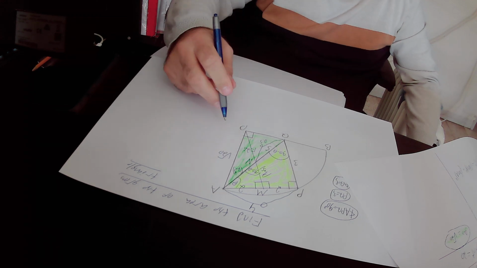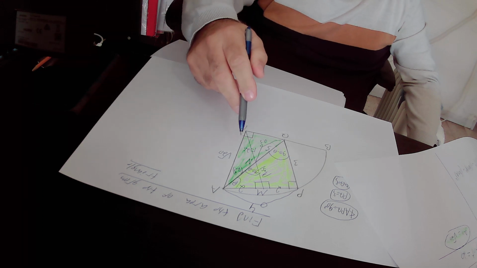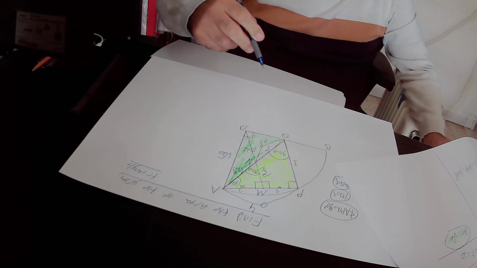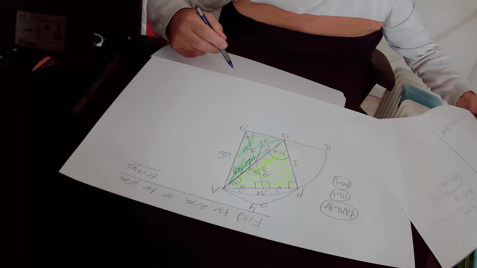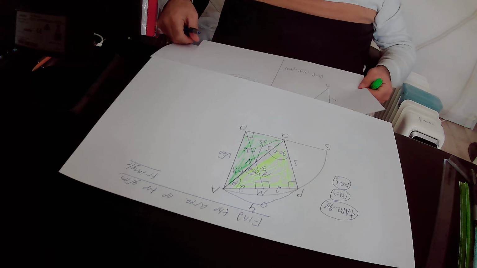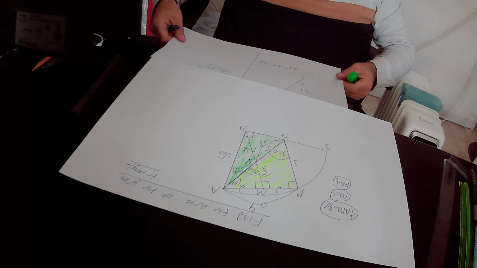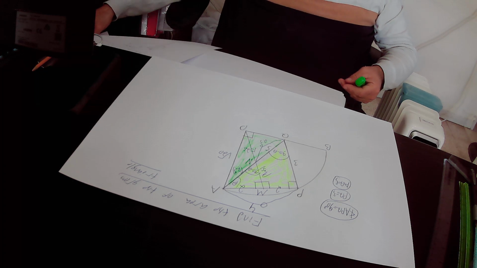In the next step, we'll implement the Pythagoras theorem on the green right triangle AQO. So we copy the right green triangle AQO onto a new page and we'll implement the Pythagoras theorem on it.